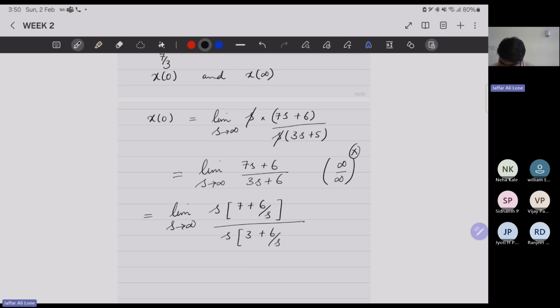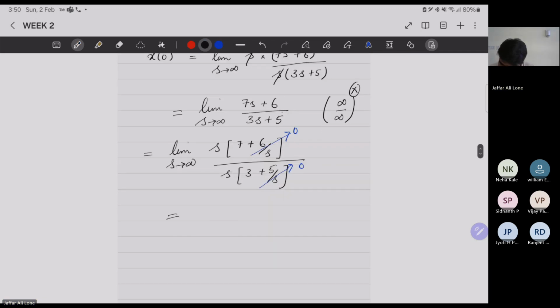Sorry, it's 5 here. Now we can put the limit. So when s tends to infinity, this will go to 0. This will again go to 0. Then we will get the value as 7 over 3, right?